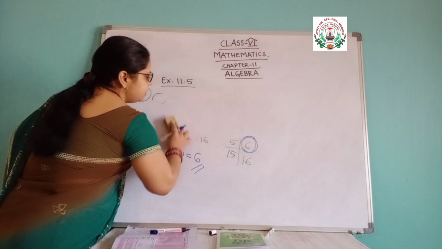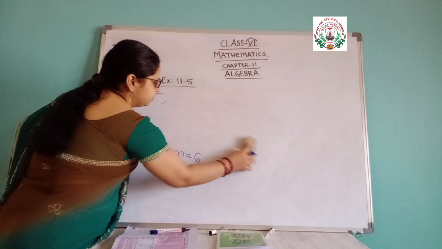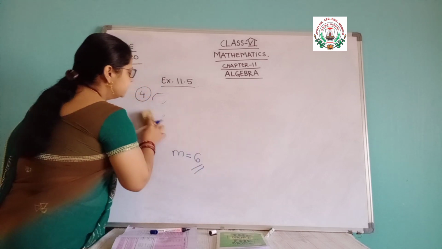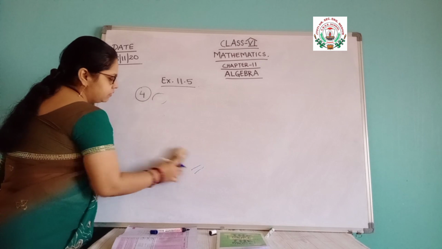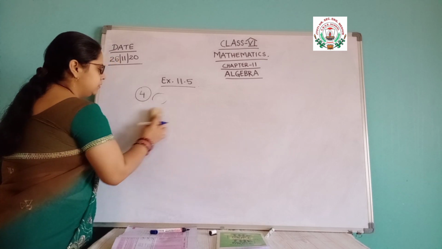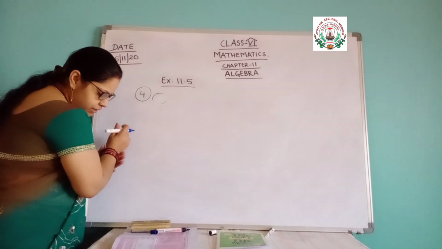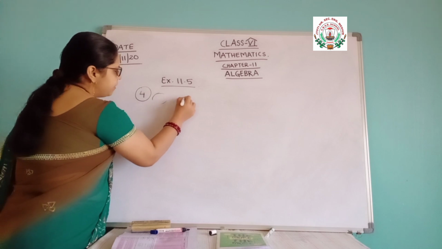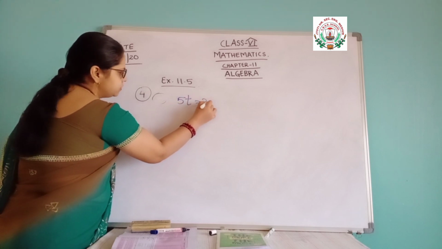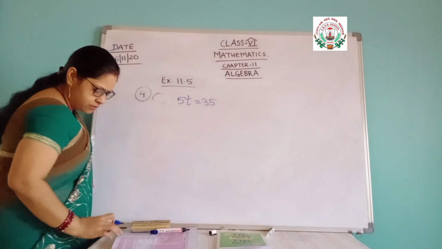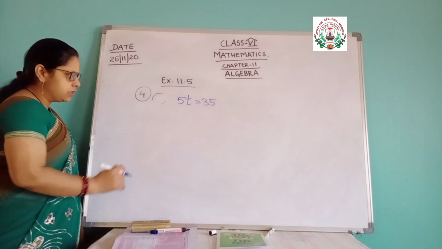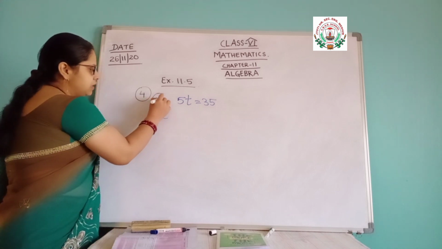And it is given in multiplication form. 5t is equal to 35. So here the table is given.